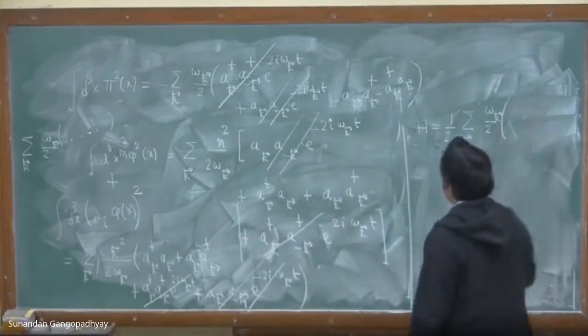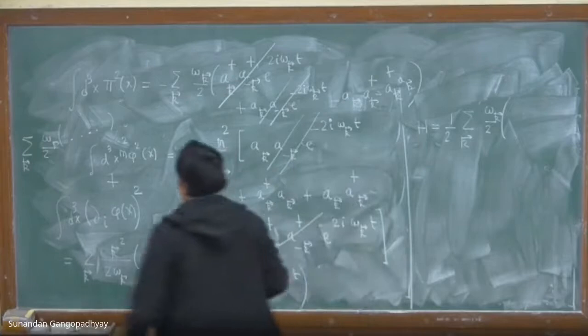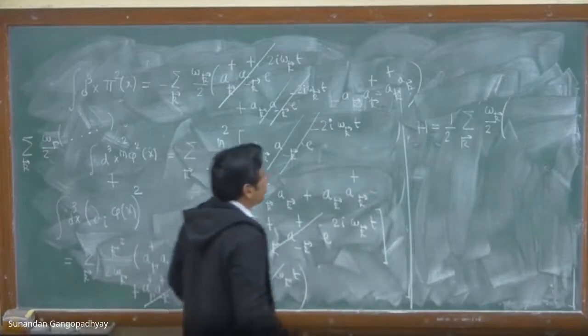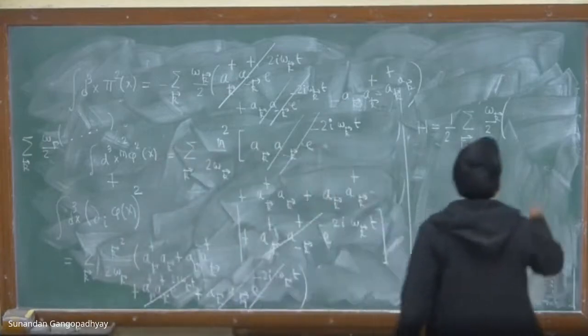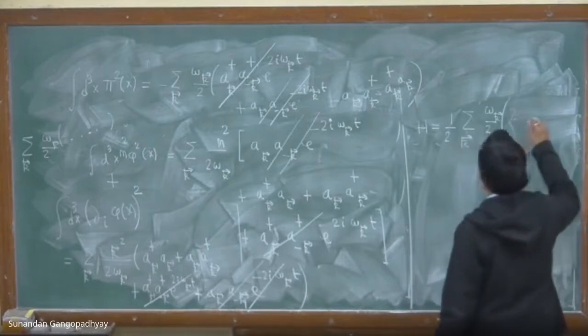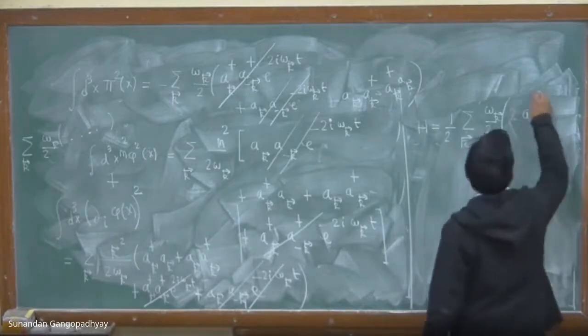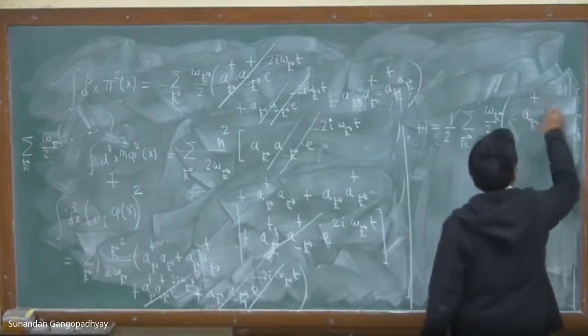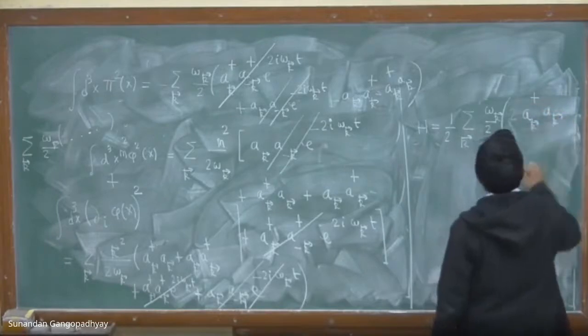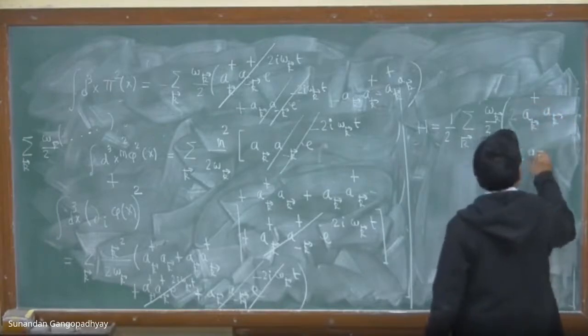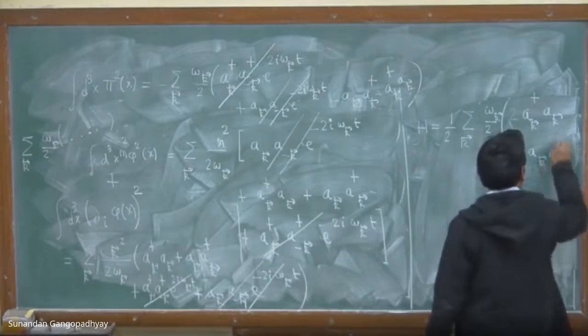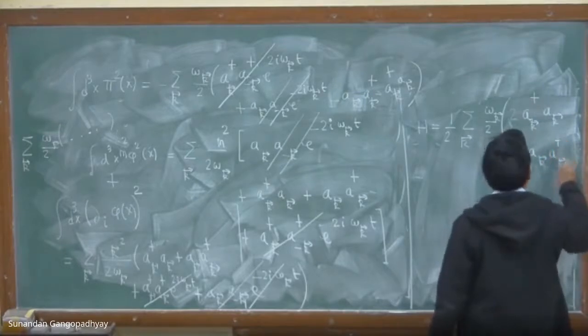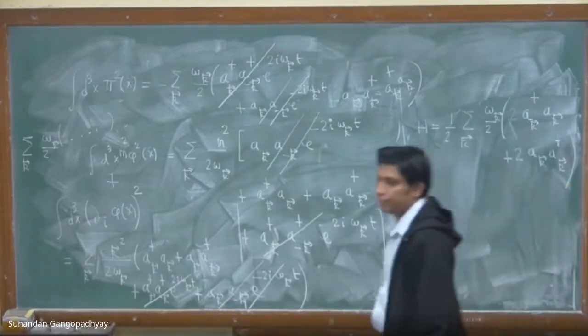So what we will get finally is the following. We will have twice a dagger k ak plus twice a k a dagger k, etc. That is what we shall have.